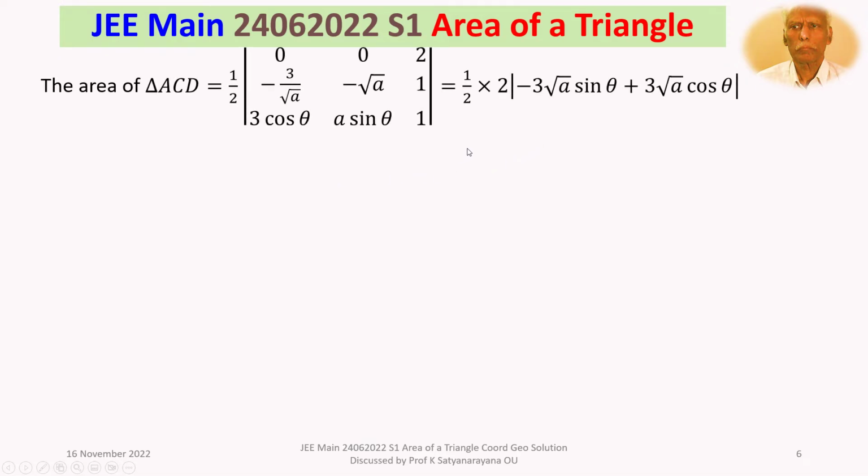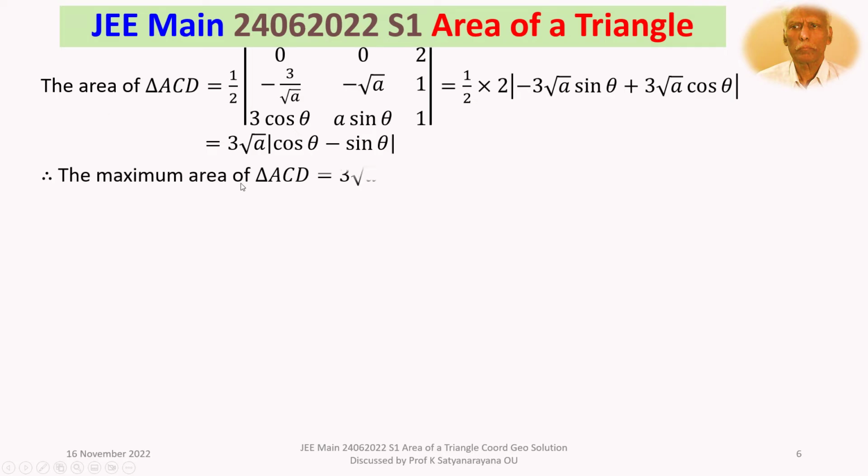Now 2 cancels, and that will be equal to 3 root a into modulus of cos theta minus sin theta, where 3 root a is common. And how do we get the maximum area of triangle ACD? That will be 3 root a into the maximum value of cos theta minus sin theta in modulus.